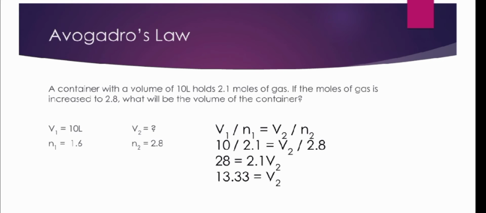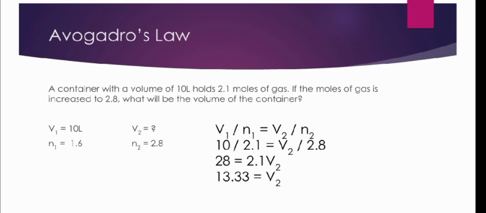For example, we have a container with a volume of 10 liters that holds 2.1 moles of gas. If the moles of gas is increased to 2.8, what will be the volume of the container? By using the formula V1 over N1 equals V2 over N2, we have the initial set of conditions, 10 liters that holds 2.1 moles of gas.